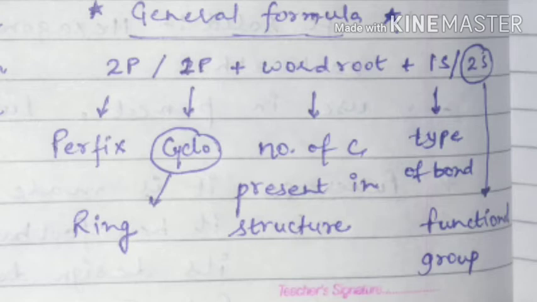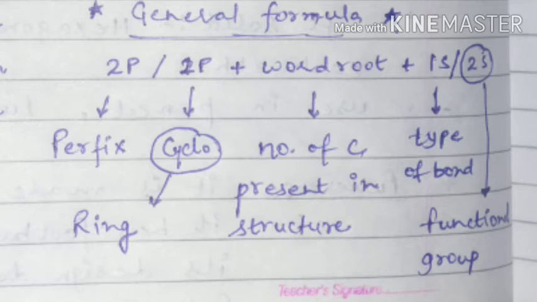Then for the 1s suffix, s for suffix, it is the type of bond. For a single bond we say ane, for a double bond ene, and for a triple bond yne. Apart from that, if a functional group is there, we need to mention the suffix of the functional group.